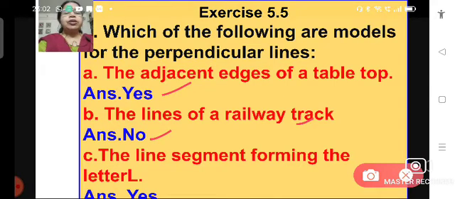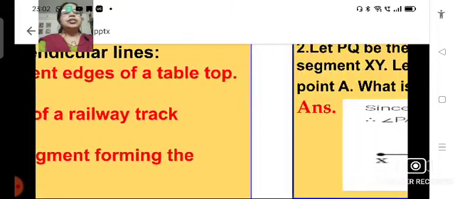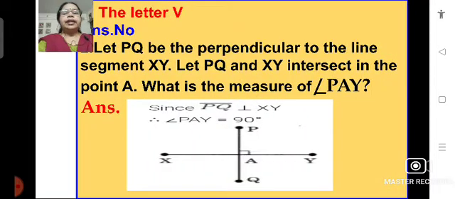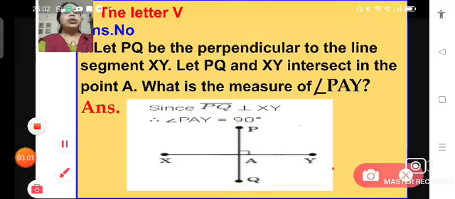No, the lines of a railway track are parallel to each other. C. The line segments forming letter L. Yes, the line segments forming letter L are perpendicular to each other. D. The letter V. No, because the two lines or line segments which are forming V are intersecting. So, no.